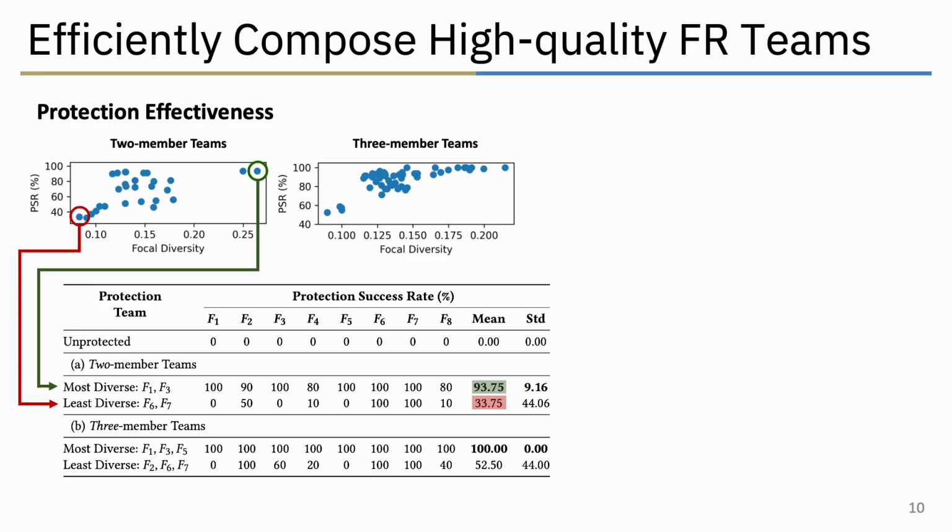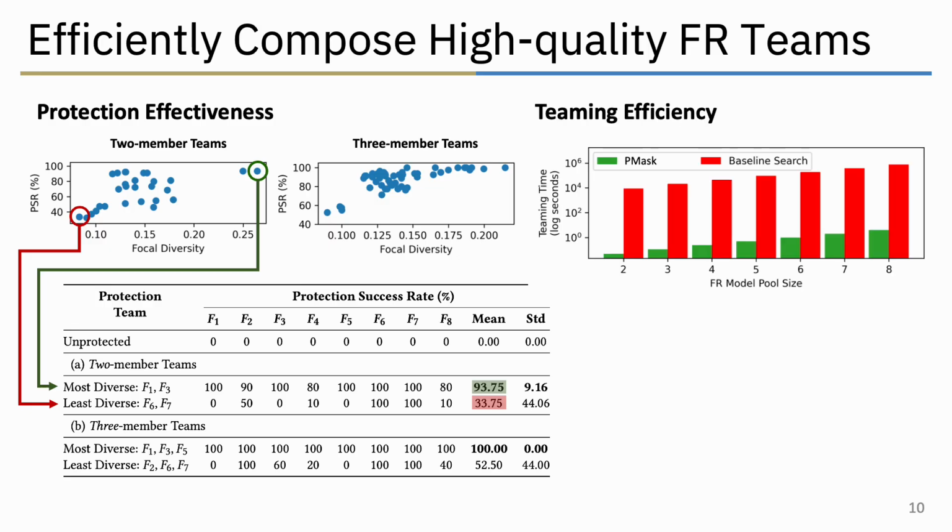But when the least diverse team is deployed, the privacy mask is only useful if the intruder used the same FR model, which is unlikely. Apart from the effectiveness, the teaming is also efficient because we don't need any test samples to generate some privacy mask and see which combinations of FR models produce the most effective mask.